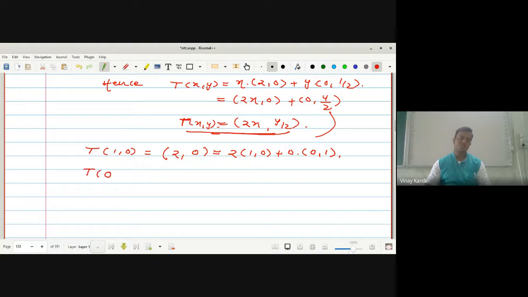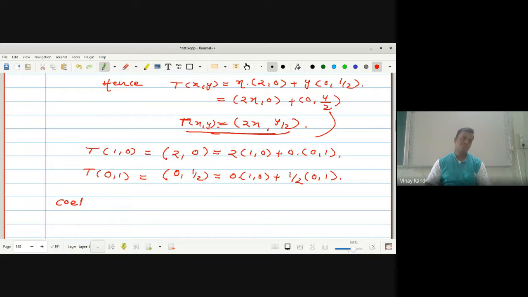Now T of 0 1, which is 0 1 by 2. So write down this vector in the linear combination of bases. So this is 0 into 1 0 plus 1 by 2 into 0 1.